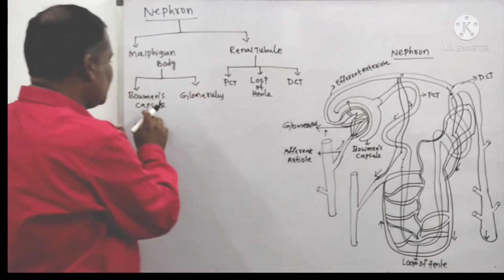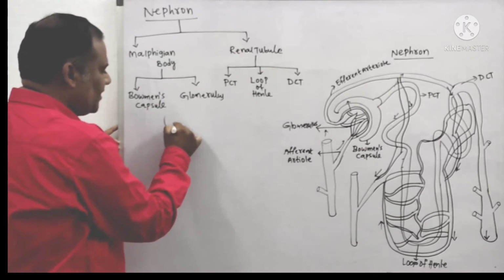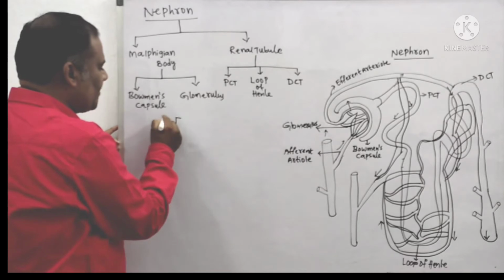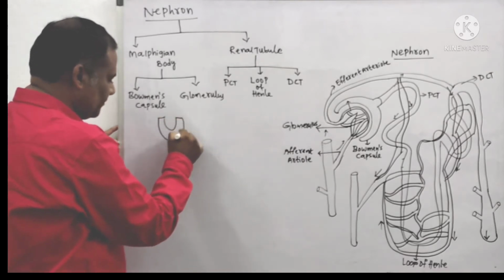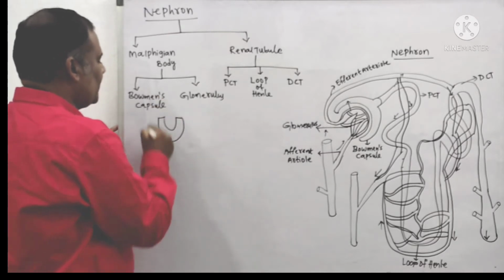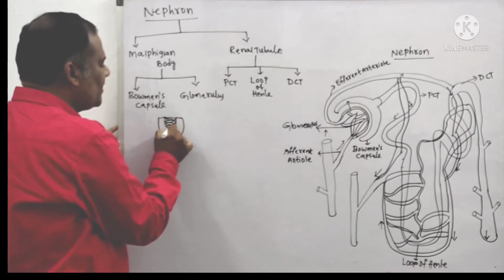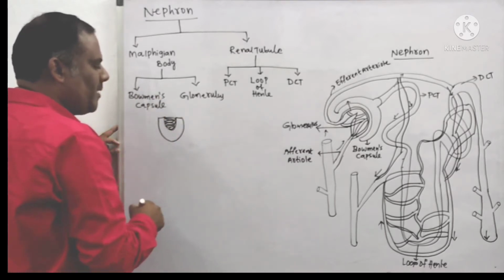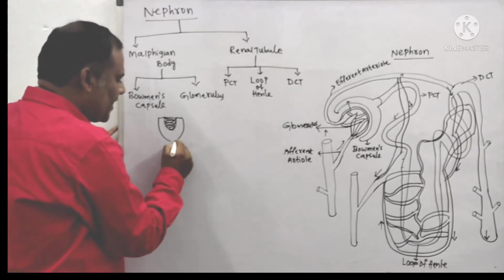Now let us see one word at a time. This cup-shaped structure is called Bowman's capsule. Inside this Bowman's capsule, there is a fine network of blood vessels. These blood vessels are called the glomerulus. Below this Bowman's capsule, there will be a tube-like structure.